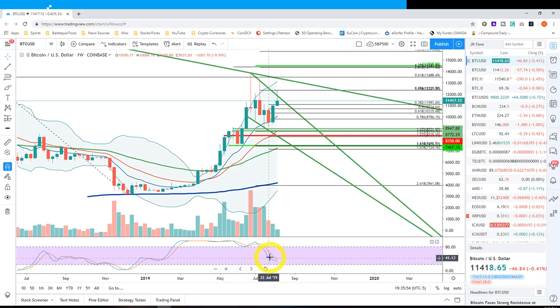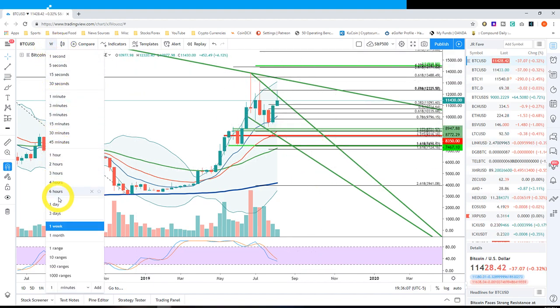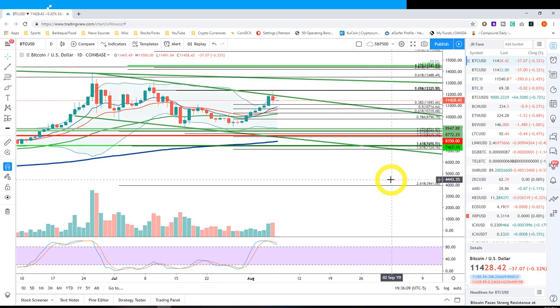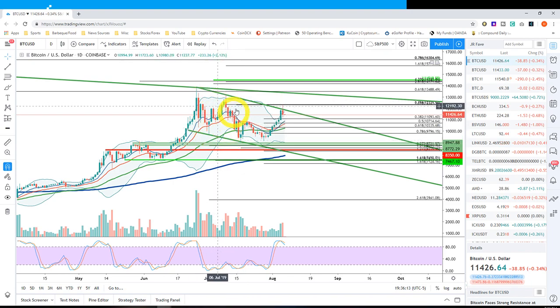So until that kind of gets going over in here and crosses, then you can start to think about that. But right now, I just think there's a lot of work. It's going to be choppy, guys. We're probably going to see moves like this for quite a while. Up, down, just choppiness until we get a base built in a clear direction.